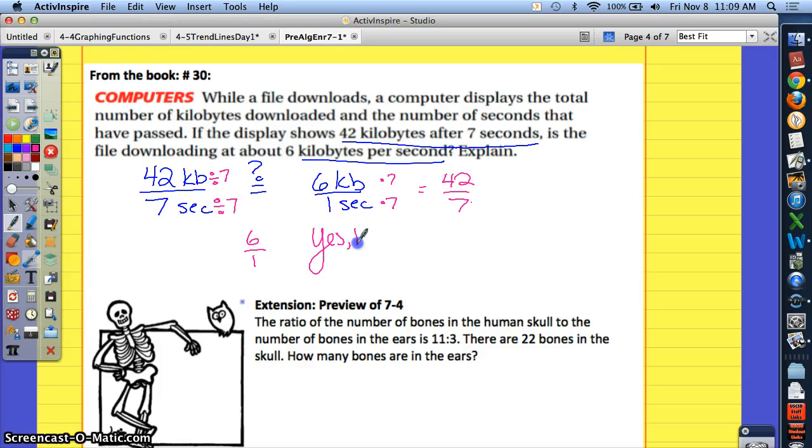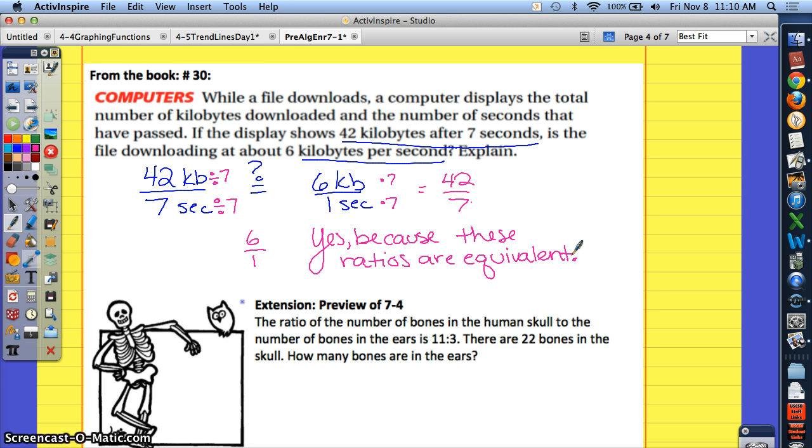Yes, because we have to explain. So if you didn't write your explanation, write it down. Because these ratios are equivalent. So that's all you have to check. Were these ratios equivalent?